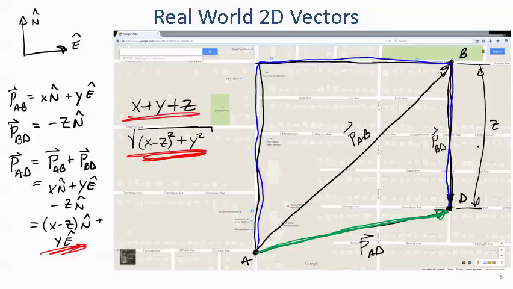And if this is much, much greater than this distance, then you probably think, well, we might want to pick a different route, because that's way far to go when there's probably a shorter way to get there. So that's another way to use 2D vectors.